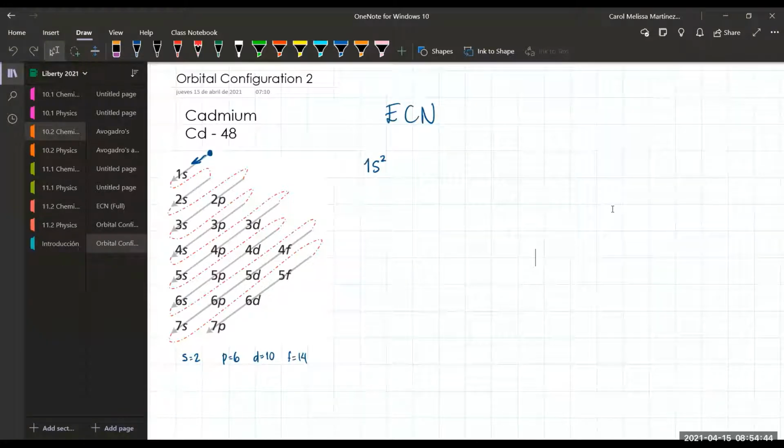Then I follow the arrow and I have 2s2. Continue and I go to 2p6. Until this moment, I know I have 10 electrons. So I'm going to put a mark right here. And then I continue.